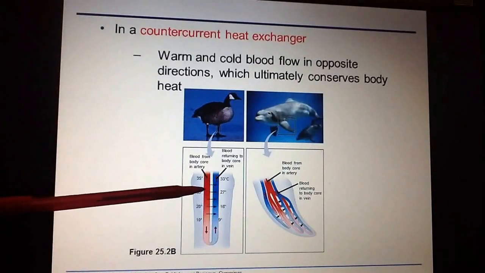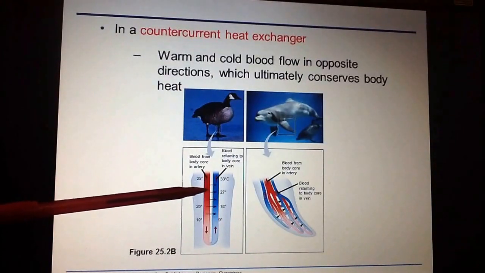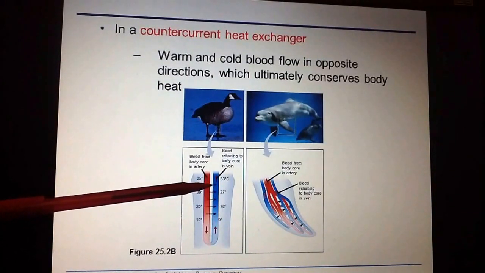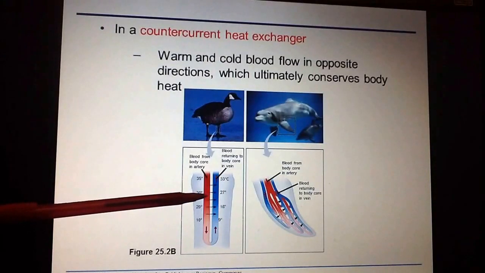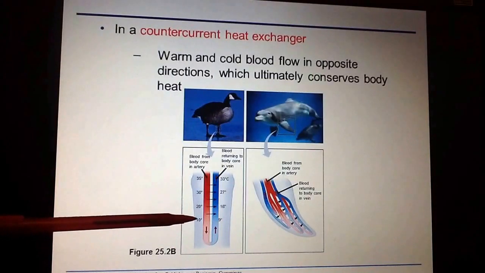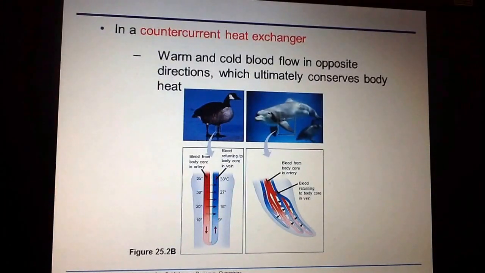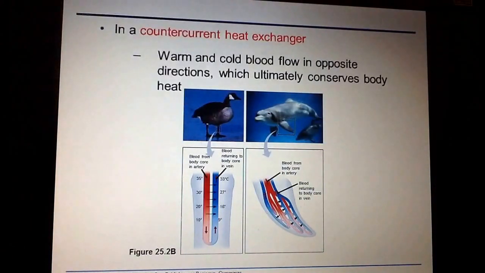By having the artery next to the vein, the warm blood will be in very close contact with the cold blood, therefore transferring that heat across. And so it's a way of regulating or maintaining the blood temperature in that core region. The same thing happens with dolphins, but it's the exact same methodology, just a lot more complex.